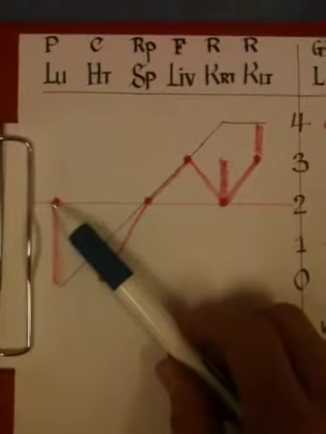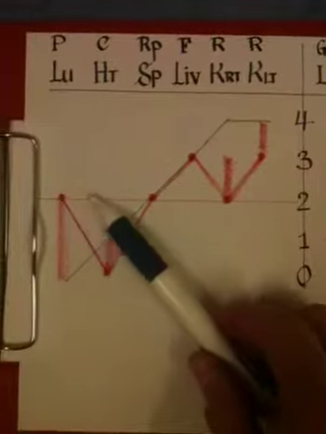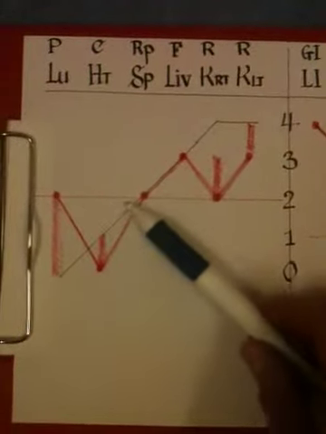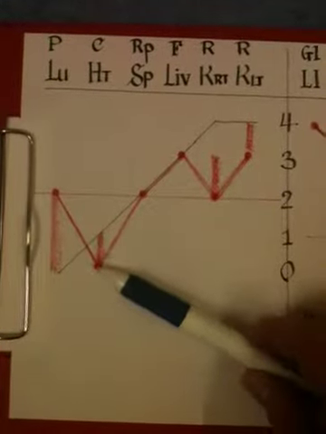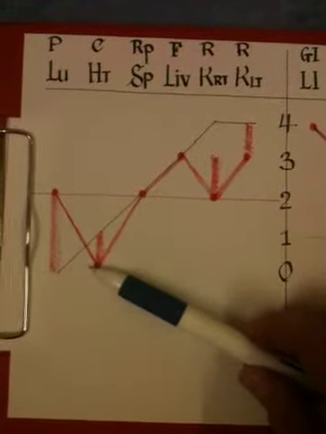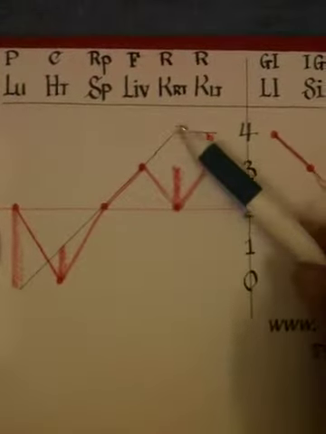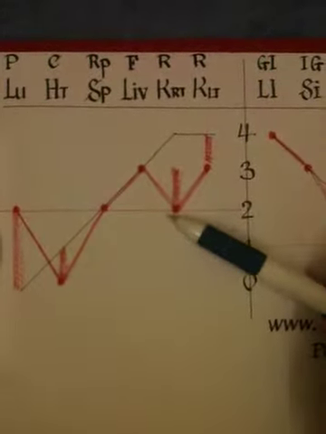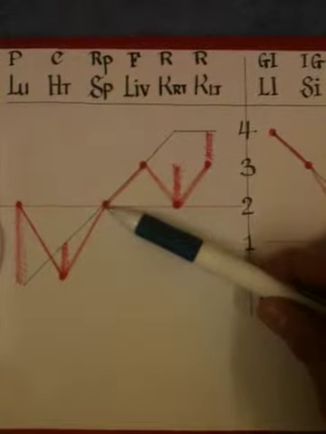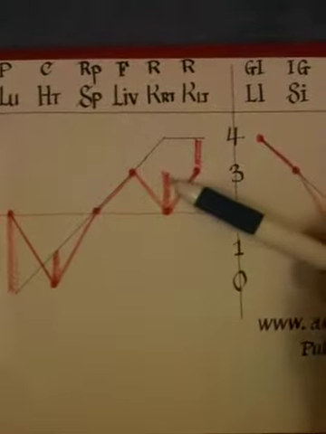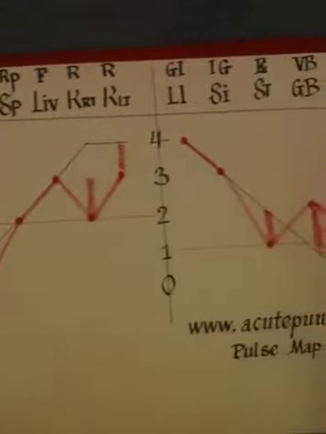We find that the lung pulse is on the level of the pancreas, so it's deeper than it should be. The heart pulse is very superficial. Spleen and liver pulses are in their place. The right kidney is more superficial, on the level of the spleen, and the left kidney on the level of the liver.